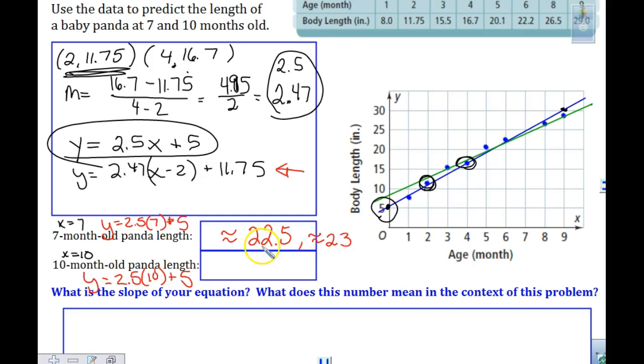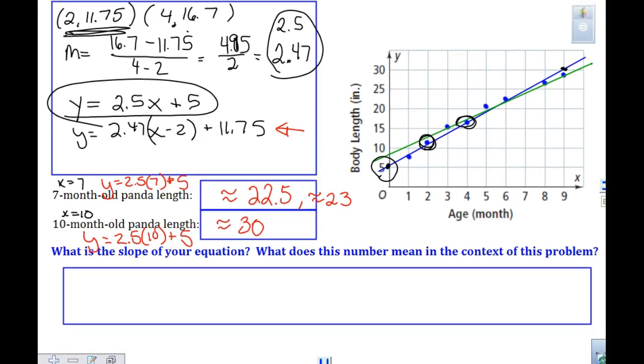Yes, I think both answers are fine. In this next one, at 10 months, how much is it weighing? About 30 pounds. Does that make sense if we look at this? Yeah, kind of, depending on our line. So approximately 2.5 times 10 gives us 25 plus 5, about 30 pounds.